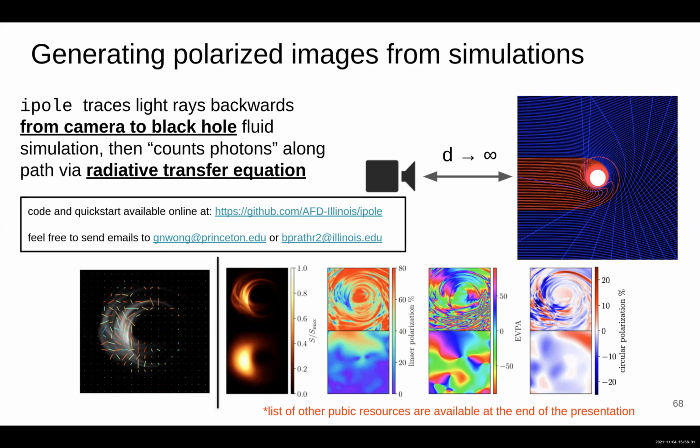You can look at the fractional linear polarization, how much energy is in the polarized mode. You can look at the orientation. You can also look at circular polarization modes. And again, the output of these polarized imaging codes is effectively a bunch of 2D arrays telling you what is the total intensity, what is the intensity in linearly polarized light, what is the orientation, and so on.